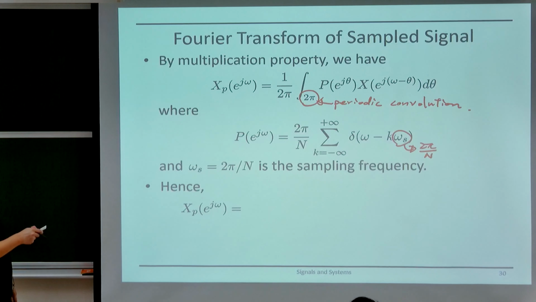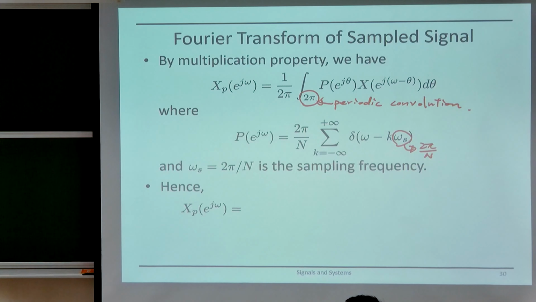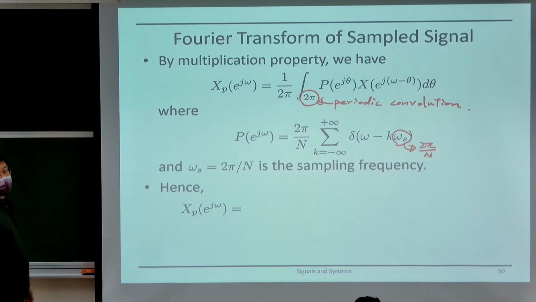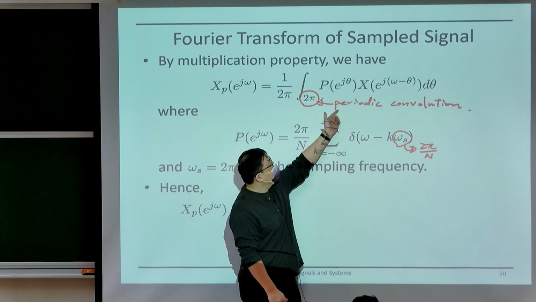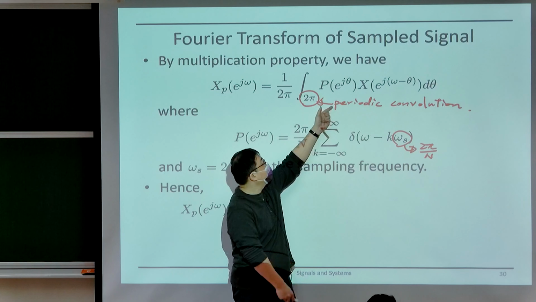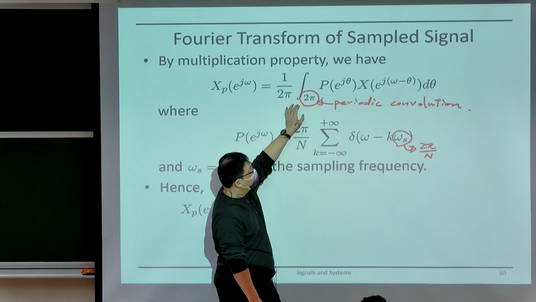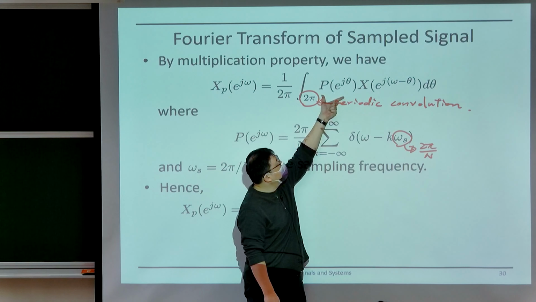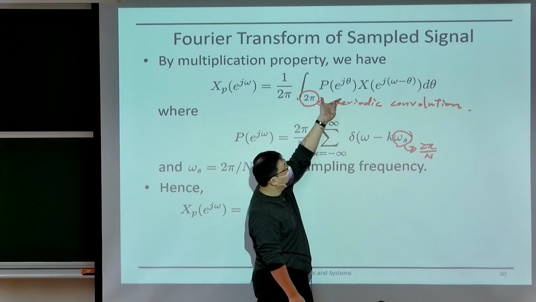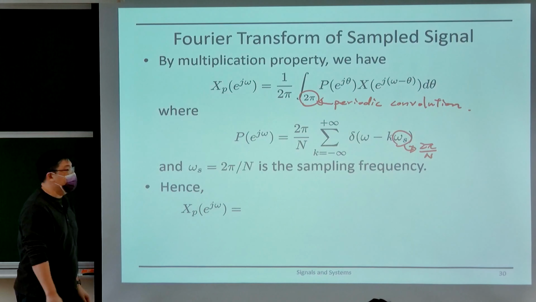All right, so we learned before how to more simply compute this periodic convolution. The key is that to take a periodic convolution more efficiently, we can take the convolution from minus infinity to infinity, but taking only one period of one of these signals, either a period of p or a period of x.